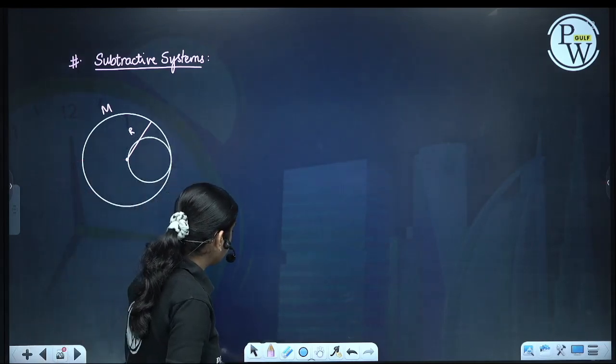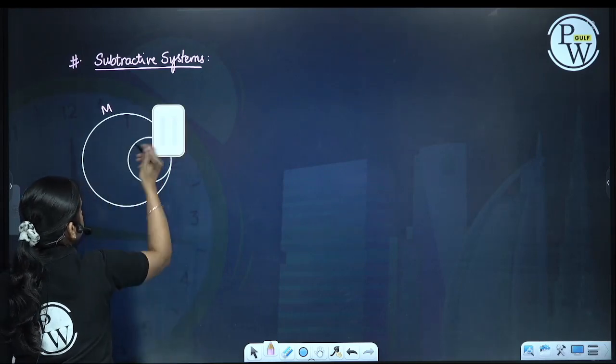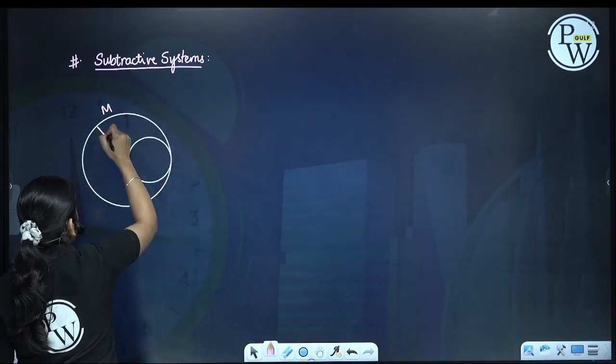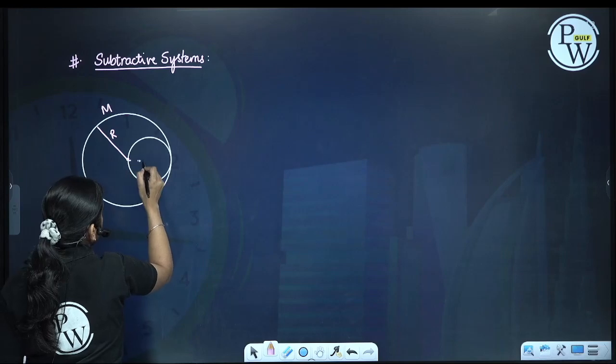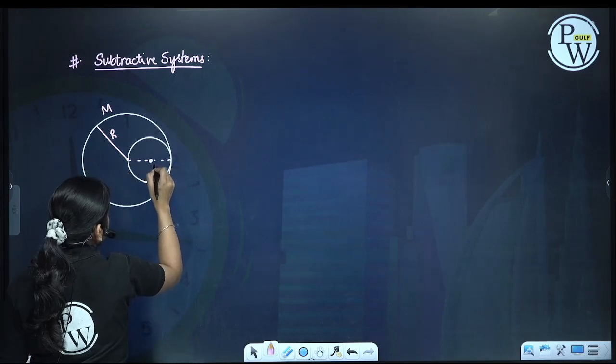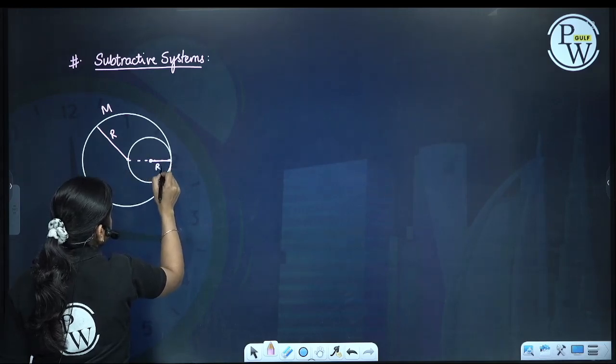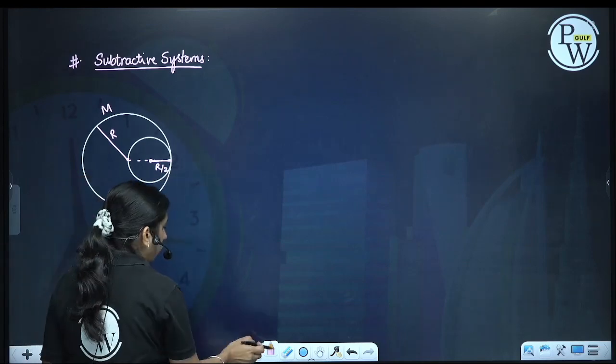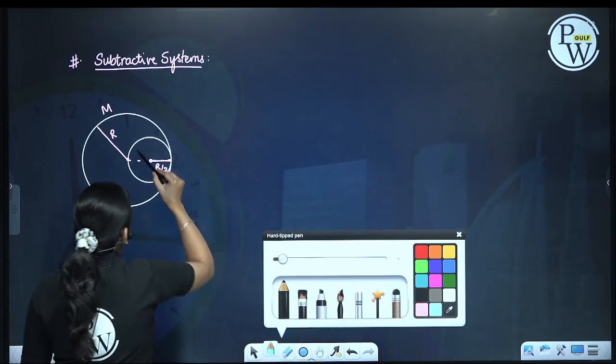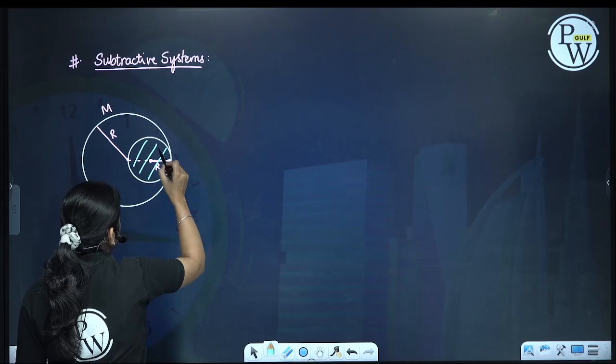From this disk we removed another disk whose diameter is r, so the radius of the removed disk will be r by 2.